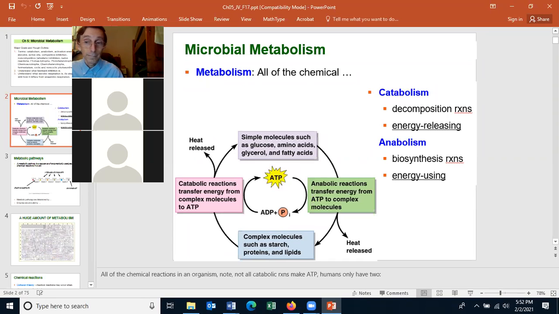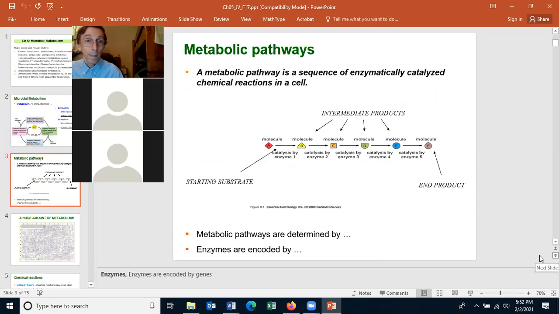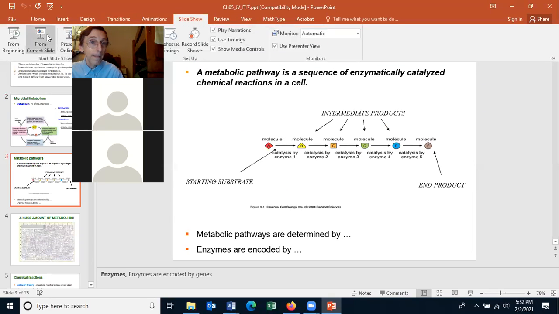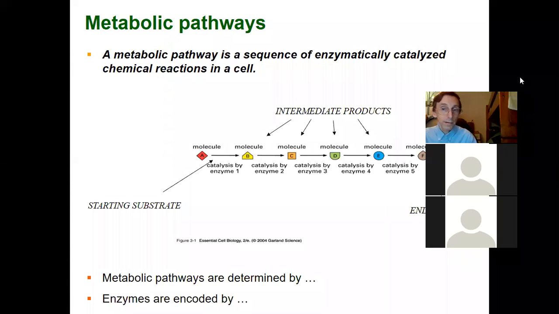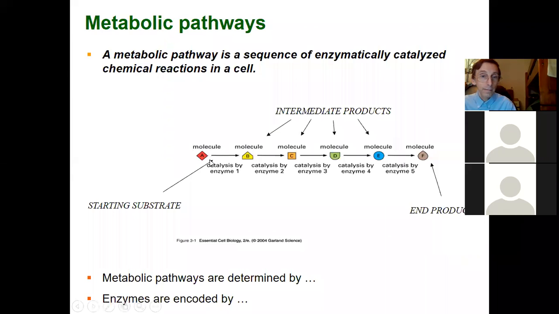All right. Let's briefly talk about metabolic pathways. A chemical reaction is when you start with a molecule, A, and it's changed, usually by an enzyme, into molecule B. That's a chemical reaction.